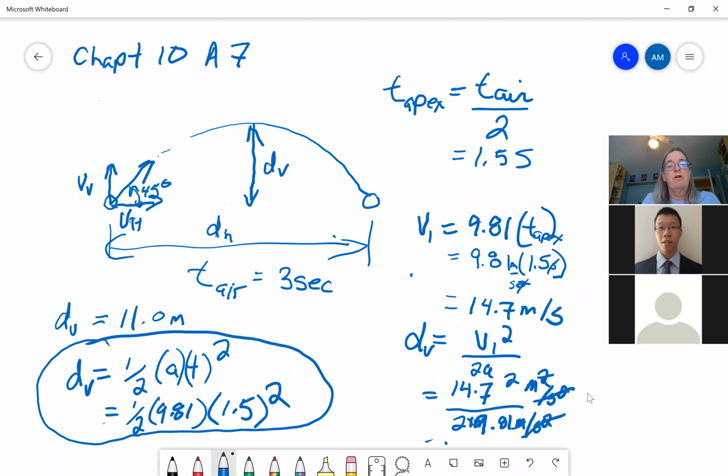I could also figure out what this horizontal velocity is. Not that I'm asked it, but I could. And I could also figure out how far it's going to travel, because I've got that 45 degrees.